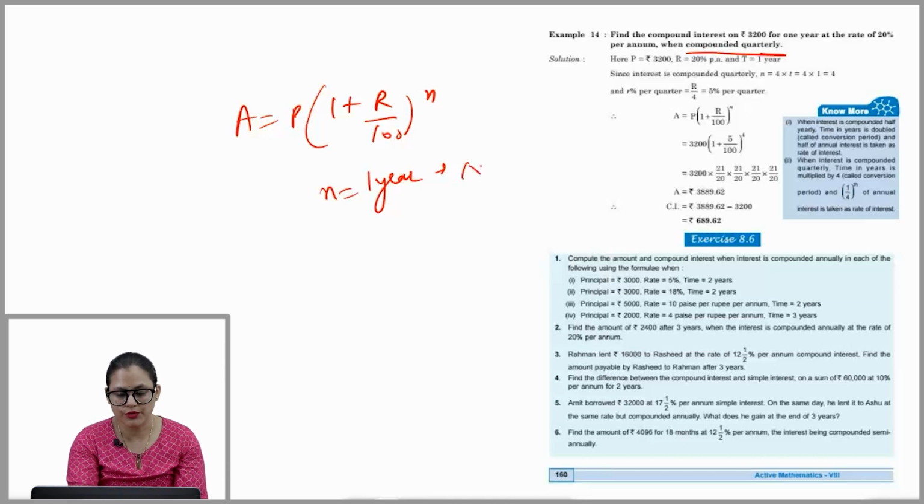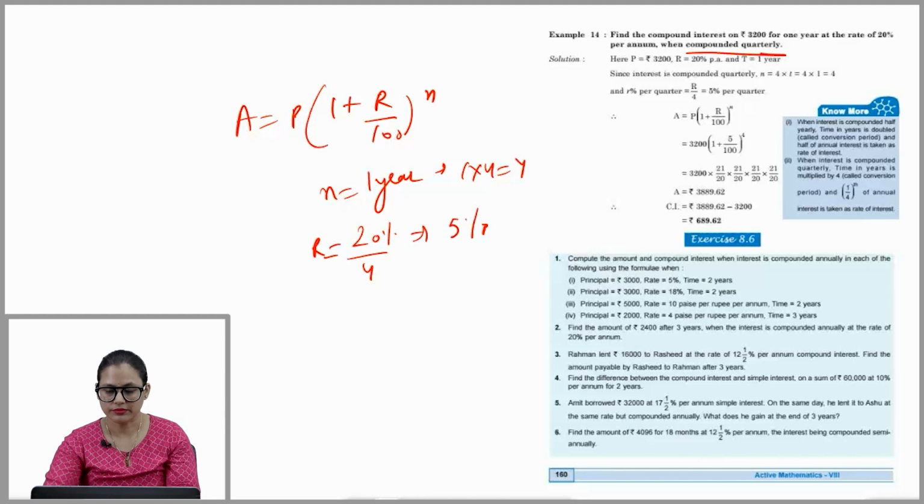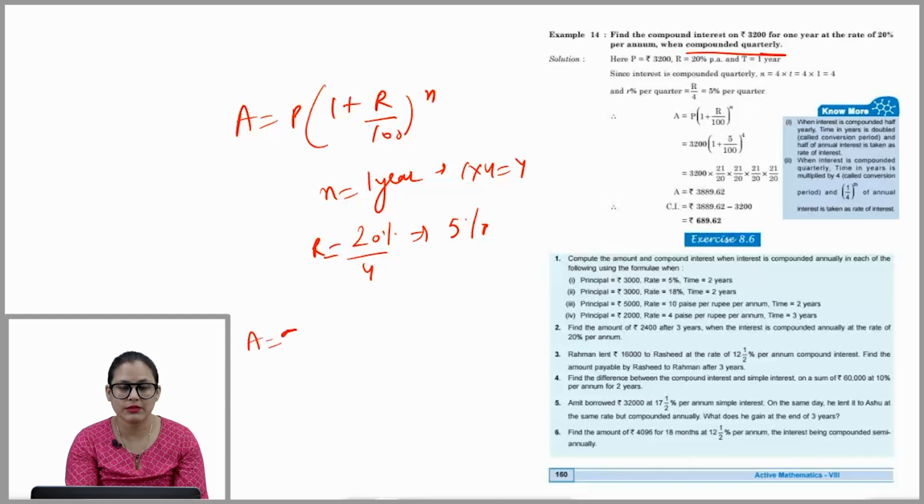So 1 into 4 is equal to 4. And rate is how much? Rate is 20%. So 20 by 4 is equal to 5%.